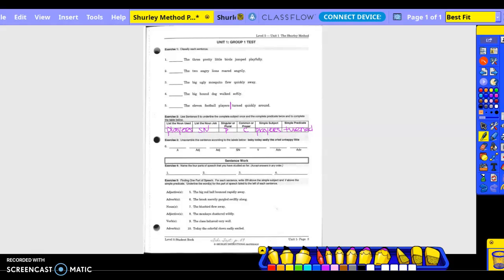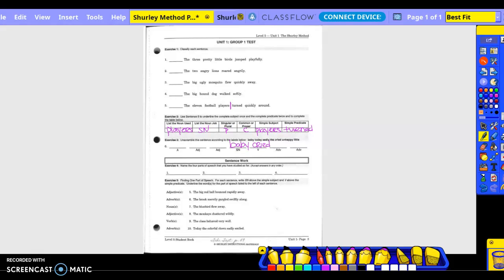Okay. Exercise 3, unscramble this sentence according to the labels below. Baby, today, sadly, cried, unhappy, little. So usually we start at the subject noun. So what would be the noun in there? Baby. What would be the verb? Cried.